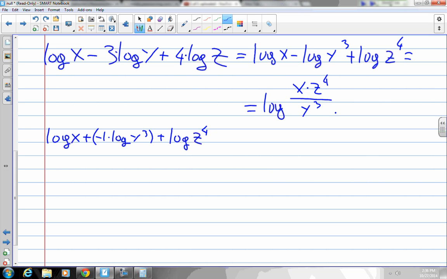Now, basically what I'm doing, I'm faking a coefficient in front. So again, by the rules, that coefficient can go all the way in the numerator. So this becomes log of x plus log of y to the negative third power plus log of z to the fourth. So all pluses, right? So all pluses then become products: x, y to the negative third power, z to the fourth.